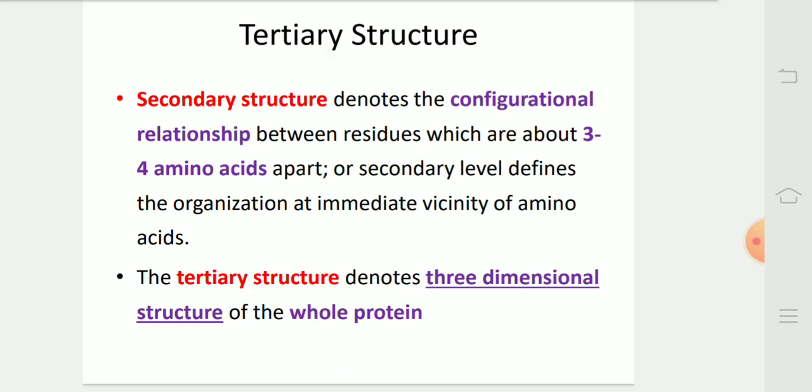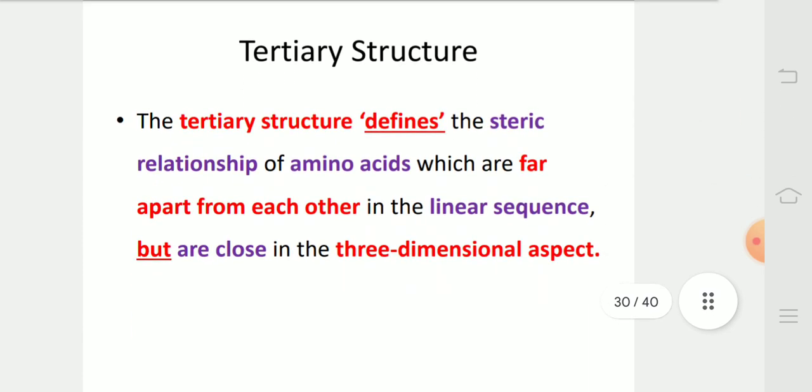The tertiary structure denotes the three-dimensional structure of the whole protein. The tertiary structure defines the steric relationship of amino acids which are far apart from each other in the linear sequence but are close in the three-dimensional aspect.